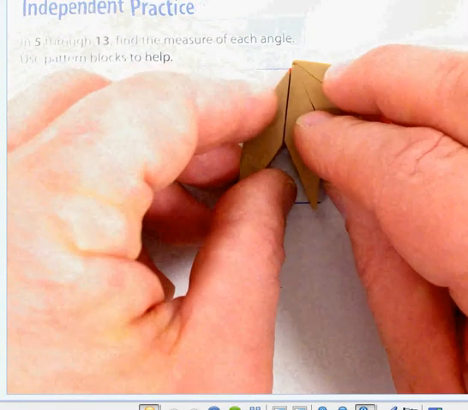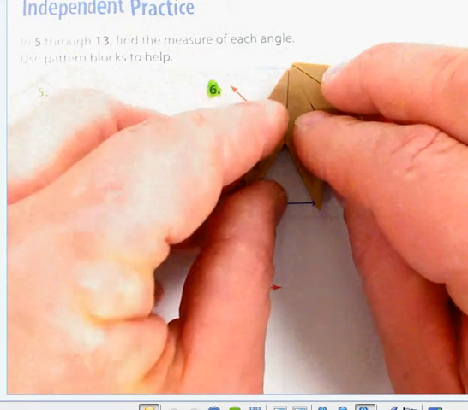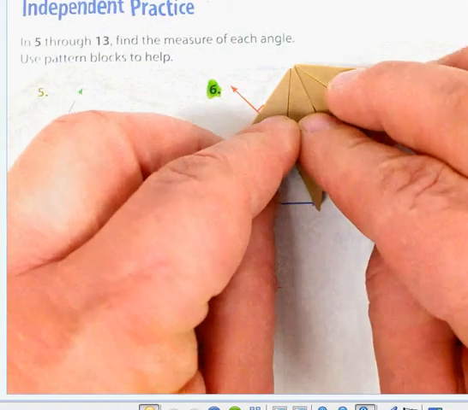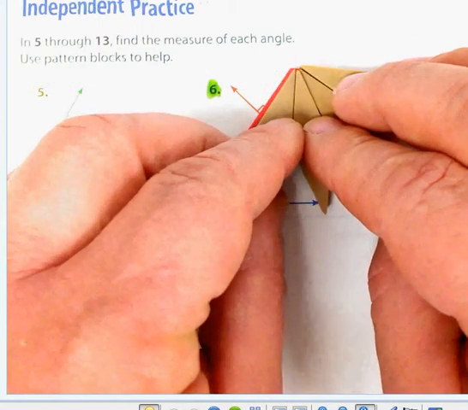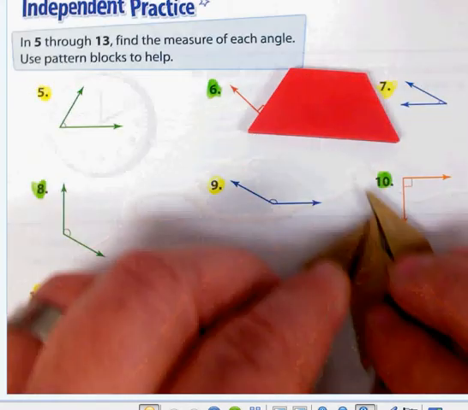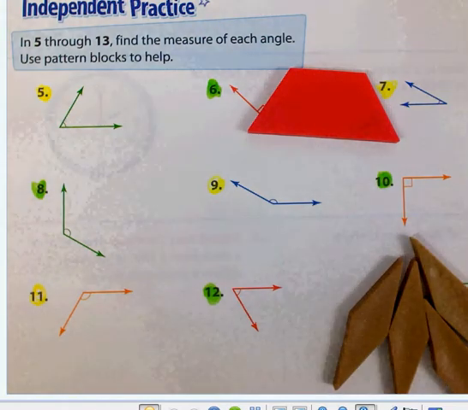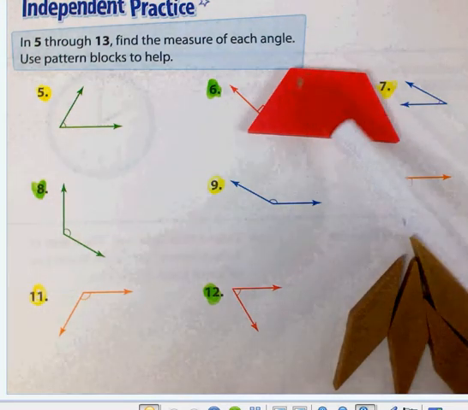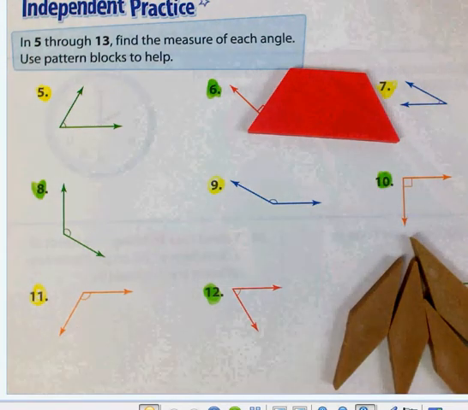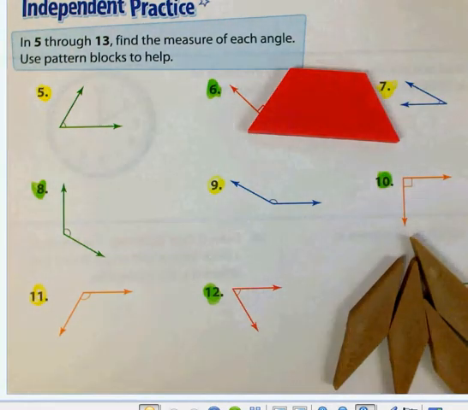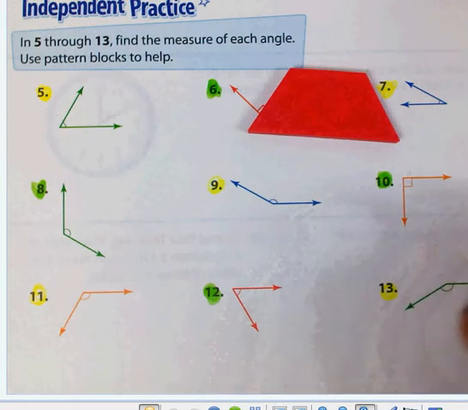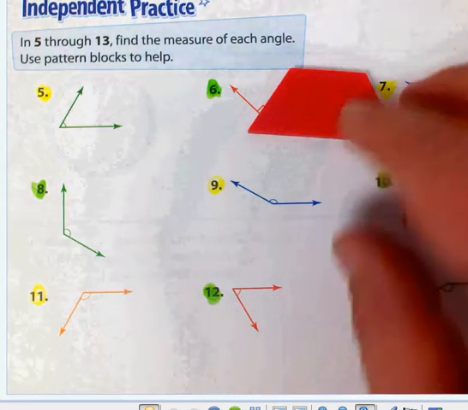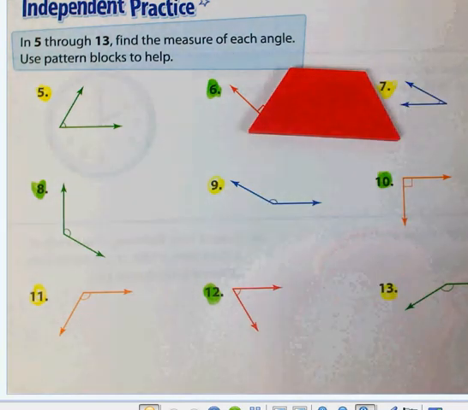It's 4 of our small rhombuses, hard to see in the picture. So 4 times 30 is 120. So our larger angle on our trapezoid right there is 120 degrees. So we can use that. It looks like we could probably measure pretty much all these angles using our trapezoid and our rhombus.